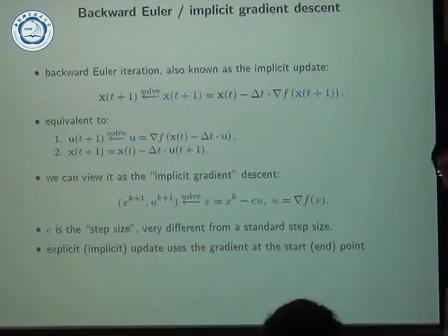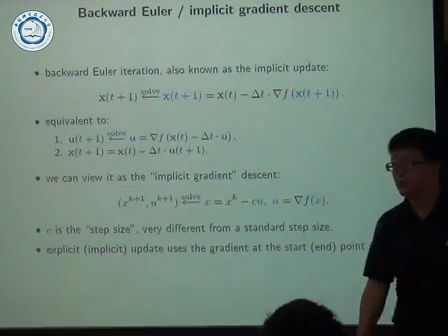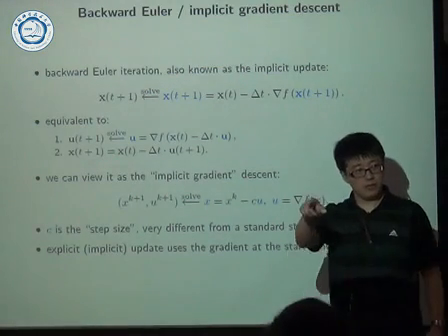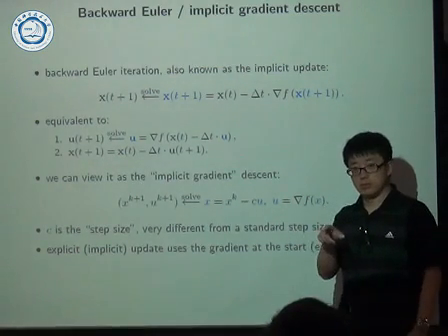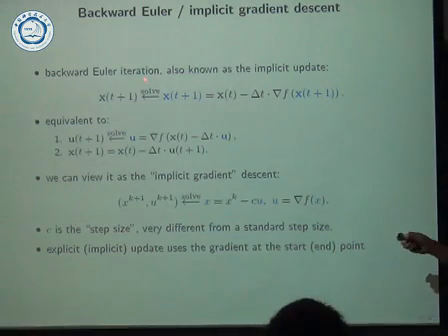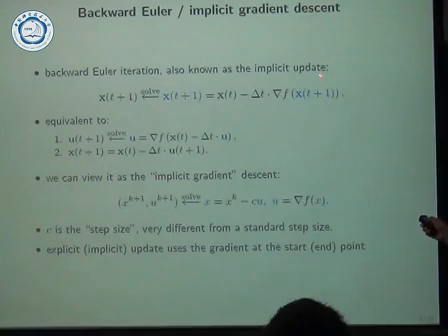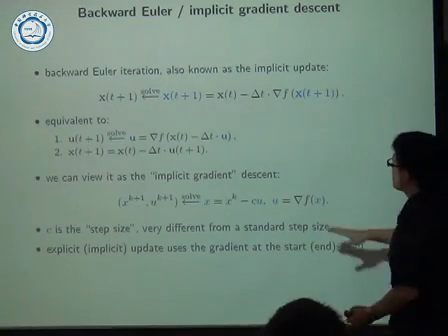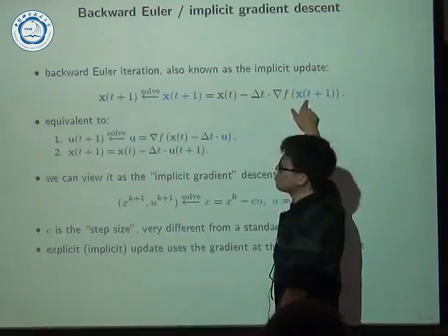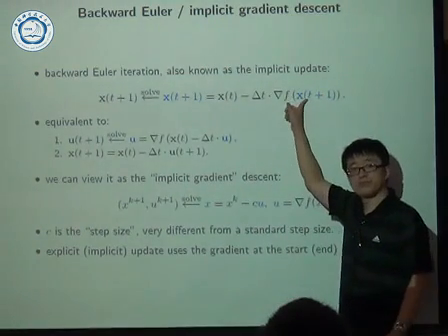Now, what's tricky is the backward step. You're not using the gradient at the current point. You're using the gradient at the next point, the gradient at the end point. So backward Euler iteration, also known as implicit update, does the following. This is my current point. I'm going to take a step. I'm going to use the gradient, but I'm going to use the gradient at my future point.